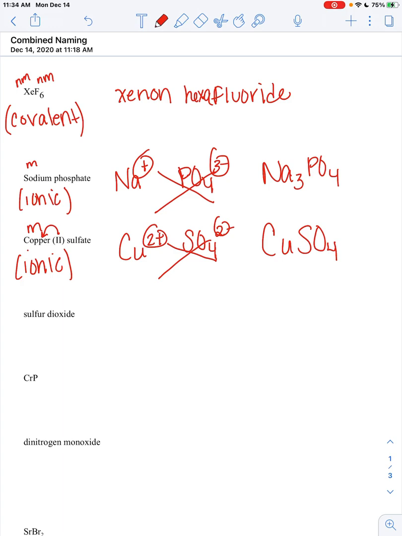Our next one, sulfur dioxide. Now, if you notice the prefix di, you automatically know this is covalent, but if you don't, just take a look at the elements. Sulfur is a nonmetal. Oxygen or oxide is a nonmetal, so that means this one is covalent.